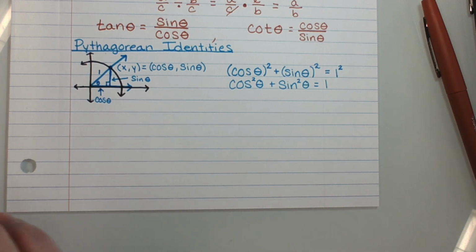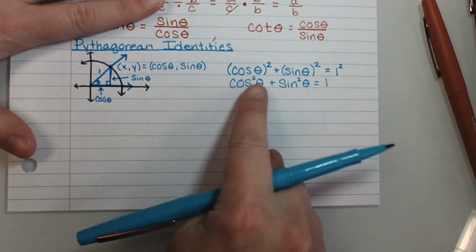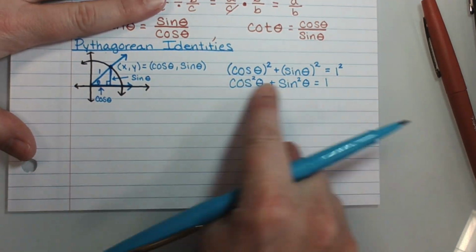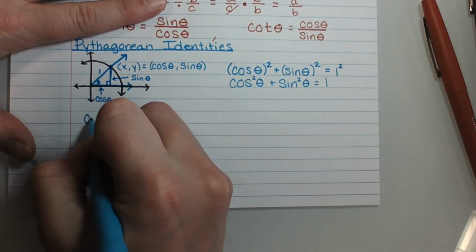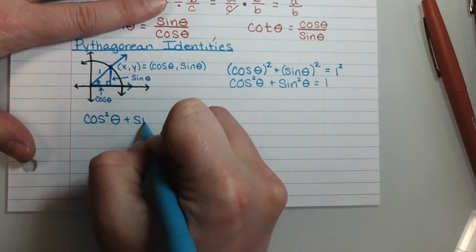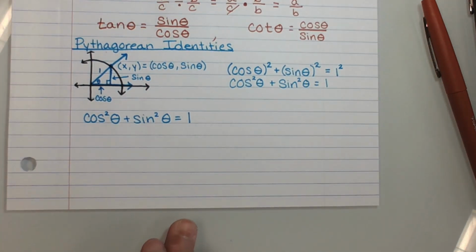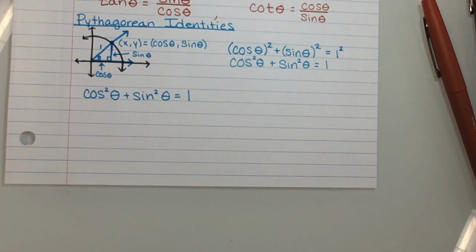There are 3, and that's the first one. The other 2 are created by manipulating this one. You start with the identity that we know, cosine squared theta plus sine squared theta is equal to 1, and we manipulate it around to get the other trig ratios.